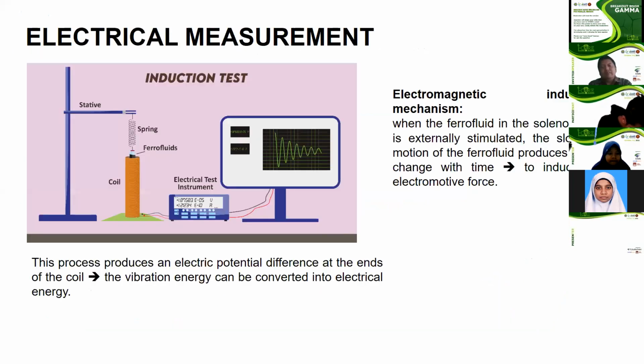In our simple electrical measurement, we use a simple spring and place the ferrofluid in the coil, and then by some mechanical energy, some force, we can make a sloshing movement. This is very basic, fundamental physics.